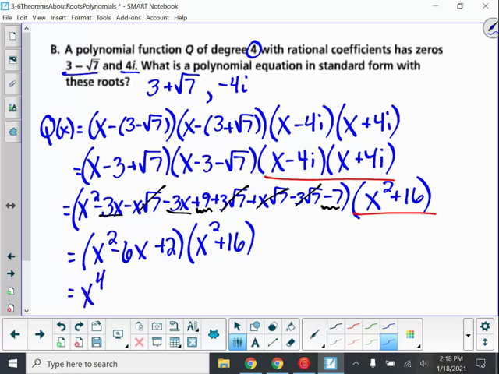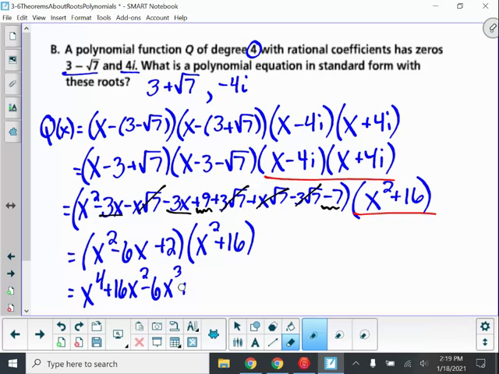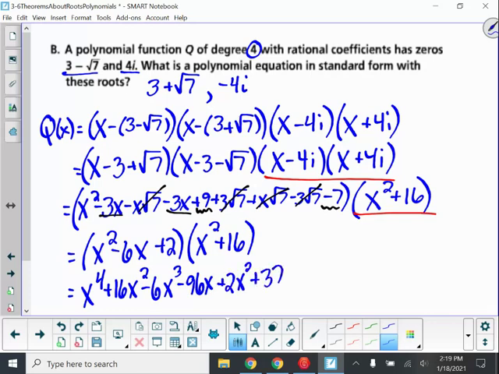So I get x to the 4th plus 16x squared minus 6x to the 3rd plus, minus. Be very careful with your signs. It's easy to mess up. Minus 96x plus 2x squared plus 32. And then combining my like terms, I do have 2 different terms that are squared.